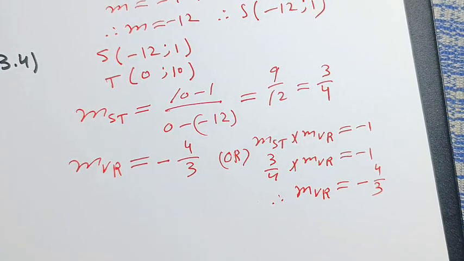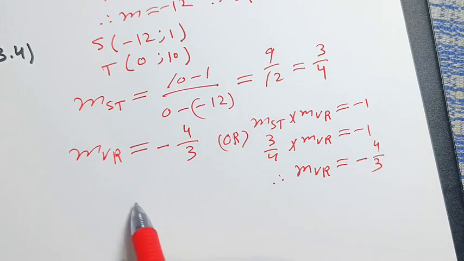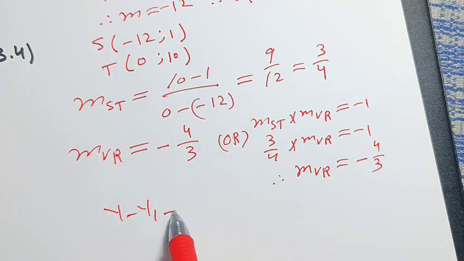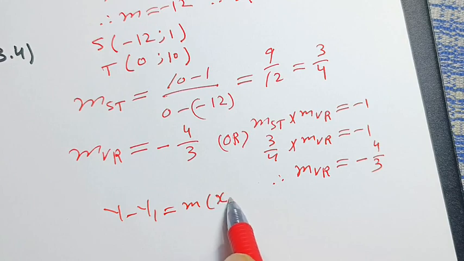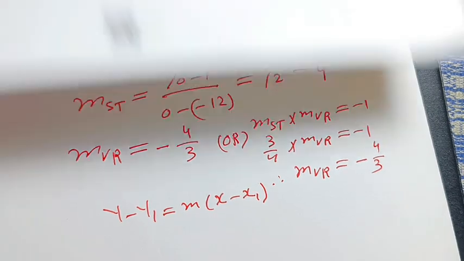Now we need to find the equation of VR in the form of y is equal to mx plus c. So I'm going to use this formula, I like this formula: y minus y1 is equal to m(x minus x1). So now I'm going to substitute R, because we need to find the equation of VR.